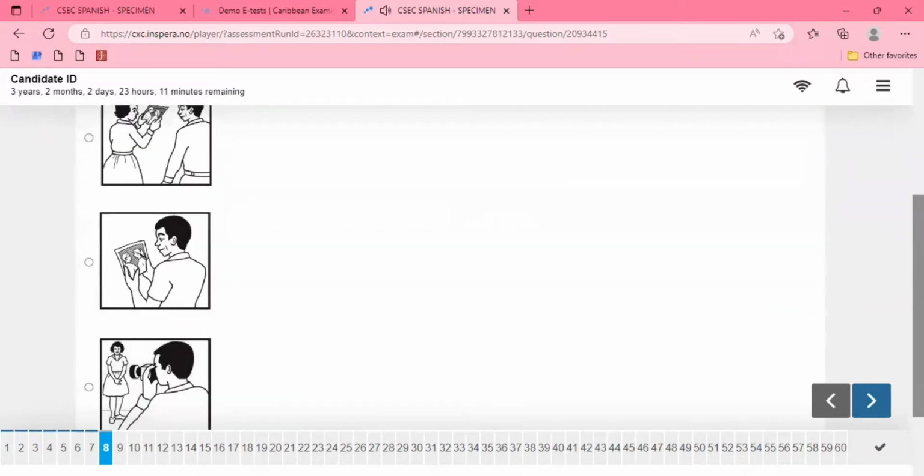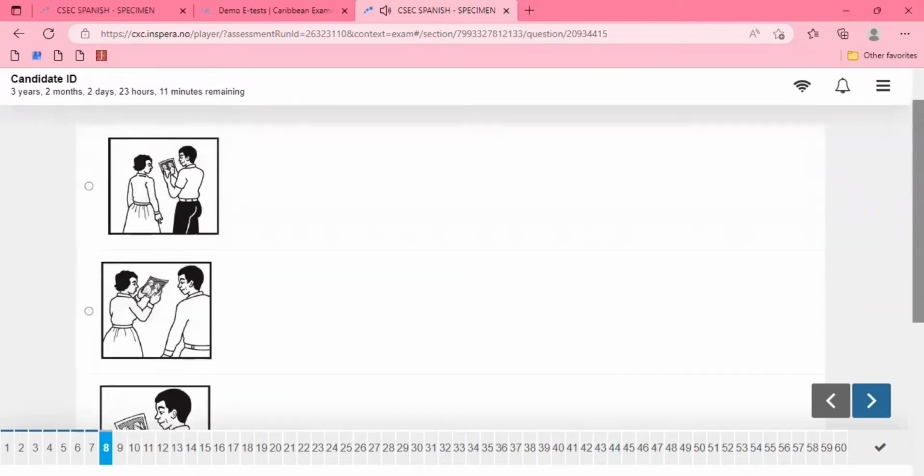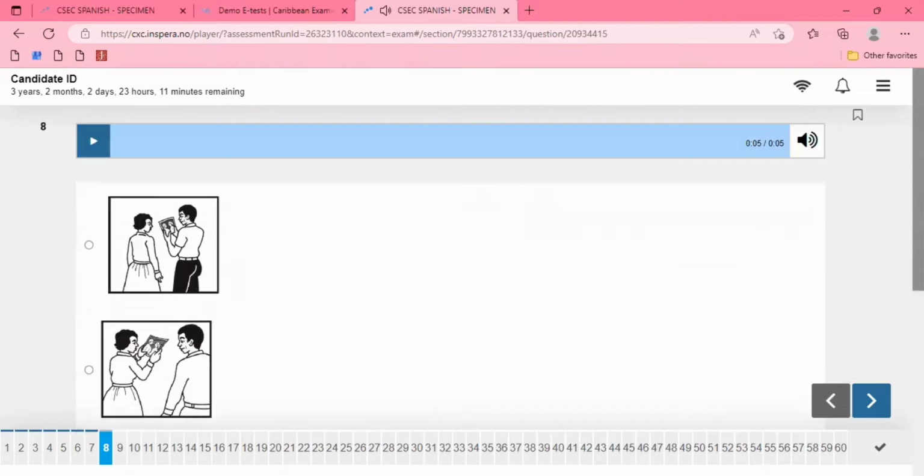Pregunta 8. "Él está mostrándole la foto." All right. Similar to the one that we did, well, not just a while ago, the one before that. So, "él está mostrándole la foto." Let's check again.